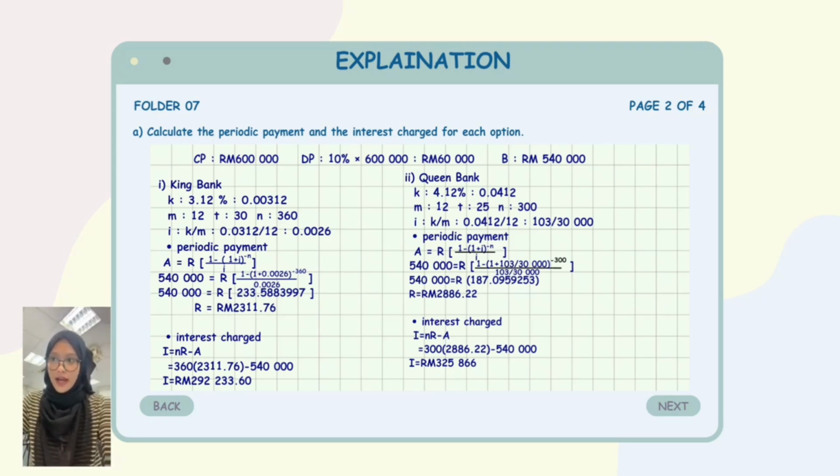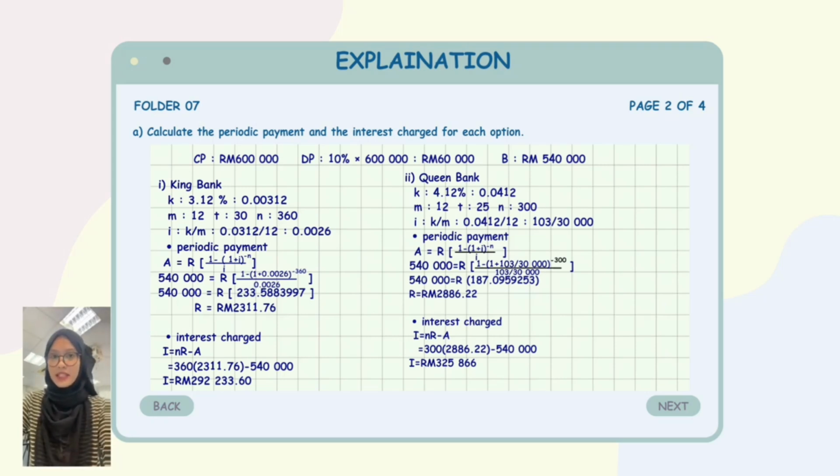I is K over M, which is 0.0312 over 12. And the periodic payment is A equals R, in bracket 1 minus in bracket 1 plus I in bracket to the power of negative N, over I.